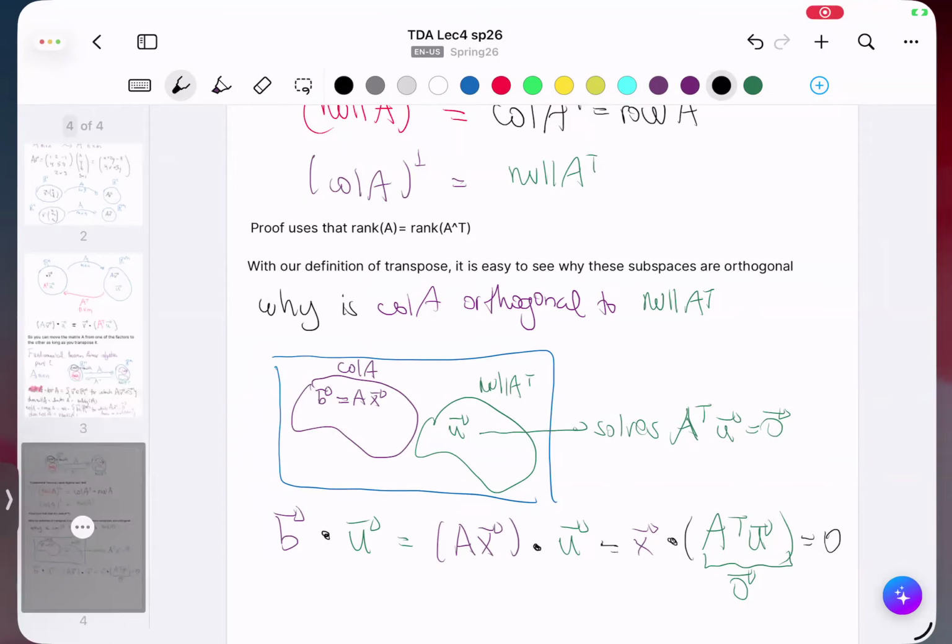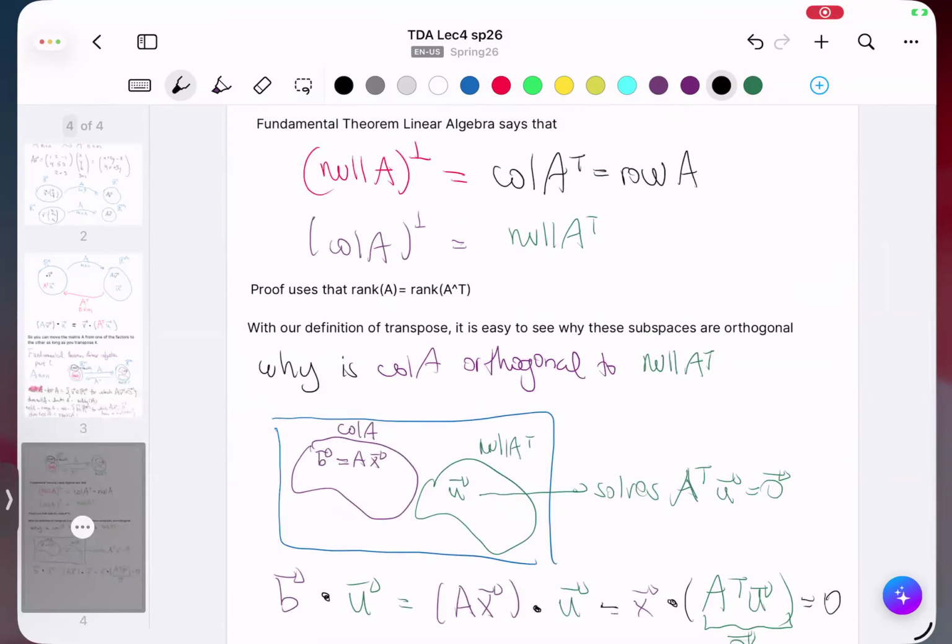This is the most important example from linear algebra of the orthogonal complement of a subspace, because matrices are obviously very important in linear algebra. But in general, you can have a vector subspace.